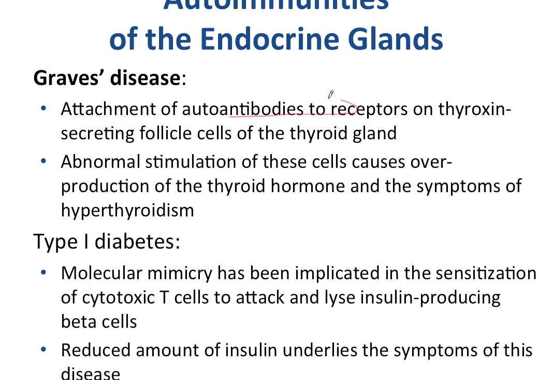However, this antibody complex doesn't induce the destruction of the cells. Instead, they work as a stimulant to induce the cells to secrete more and more thyroid hormones. So the patient will have hyperthyroidism.